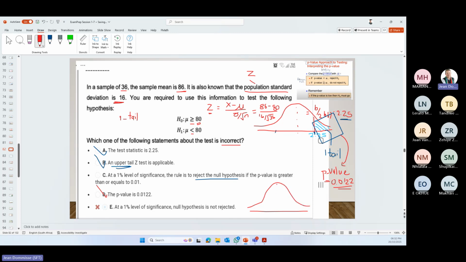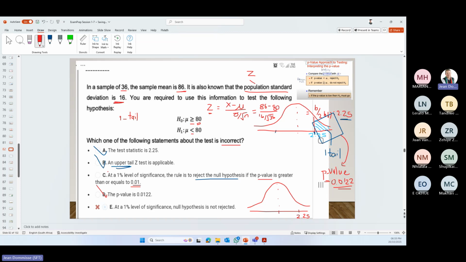Okay, so then we need to make a conclusion. We worked out our z as 2,25. They say at a 1% level of significance, the rule is to reject the null hypothesis if the p-value is greater than or equal to that.